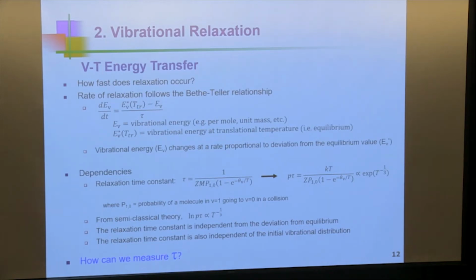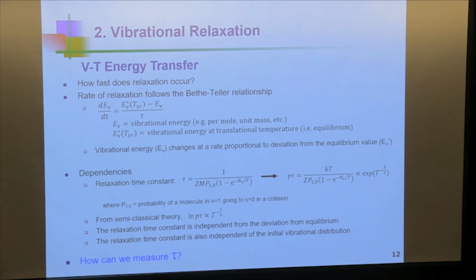So the physicists Hans Bethe and Edward Teller, I think they might have been at Cornell University at the time, probably along about 1950, somewhere there, derived this equation for vibrational relaxation. It says that the rate of change of the vibrational energy, that's the vibrational energy per mole or per mass, is proportional to the difference between its value and the equilibrium value.